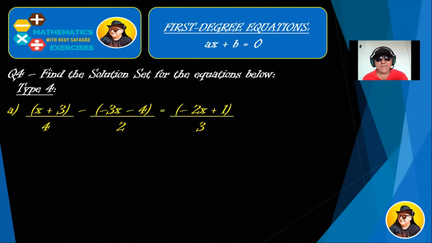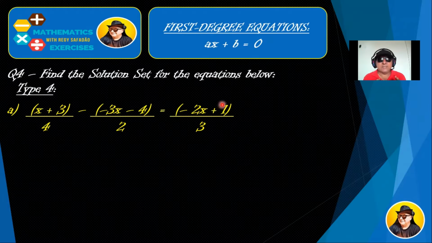Pay attention now that the numerator of the equation is now a binomial. Here we have x plus 3, which is a binomial. Minus 3x minus 4 is also a binomial, and here minus 2x plus 1 is also a binomial.